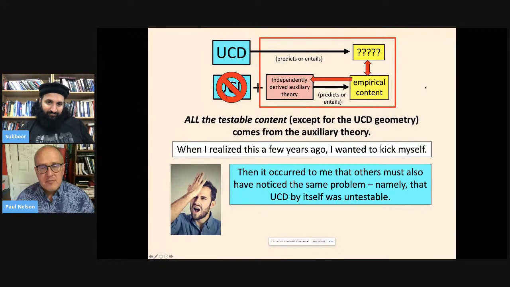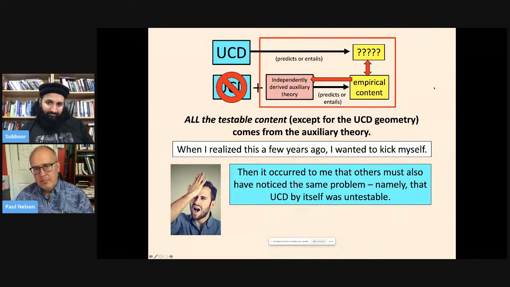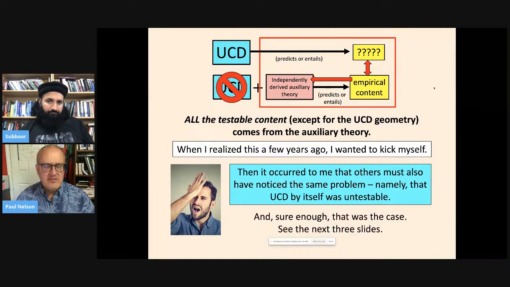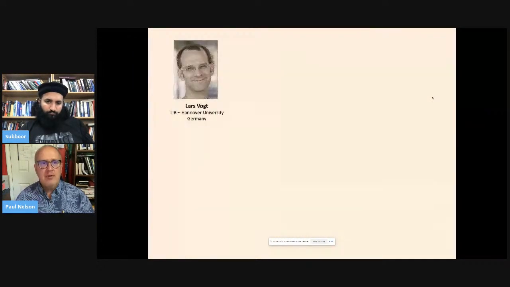But then it occurred to me that other biologists and philosophers probably realized the same thing, namely that universal common descent by itself is untestable. And sure enough, that was the case. So this is a selection from a much larger literature of biologists who have grasped this problem.